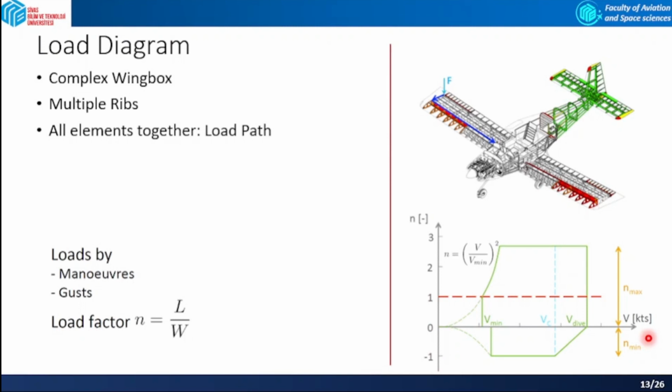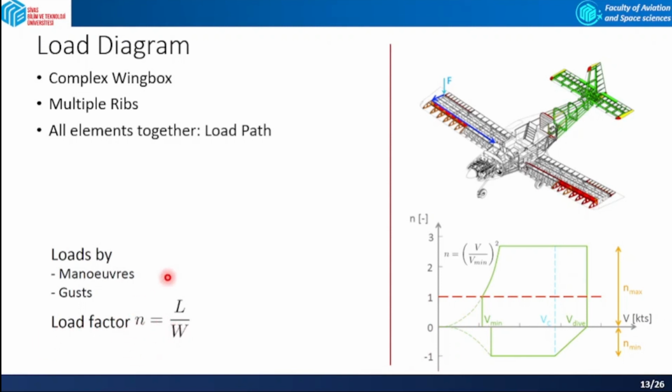So this load diagram illustrates what's known as a flight envelope, within which the aircraft should execute all maneuvers. The boundaries of this envelope are defined by speed and load limits. The load factor N represents the ratio of lift to weight.